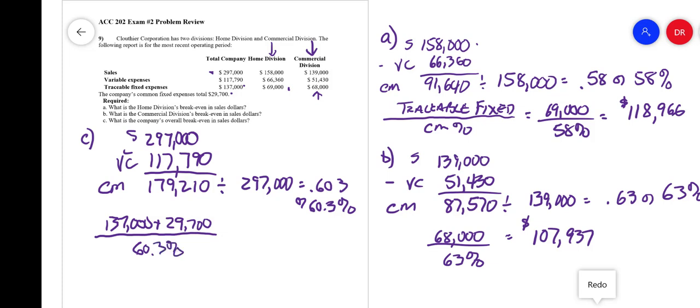So when we add those together, 137 and 29.7, we get 166.7 divided by 60.3%. And that gives us a break-even point in sales dollars of 276,268.